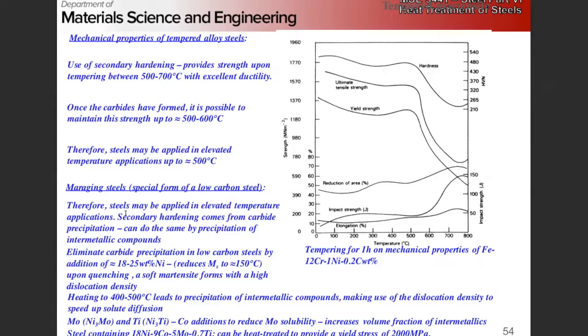Therefore, they really make use of secondary hardening, and essentially the secondary hardening and the carbide precipitation eats up all the carbon that you have in your alloy, right?